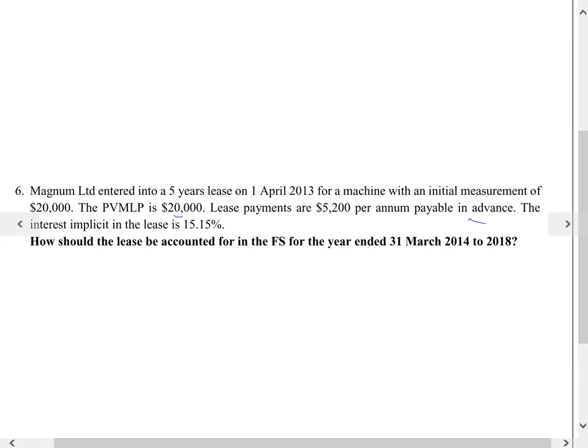And let's look at the lease liability. Year end 2014, balance brought down 20.